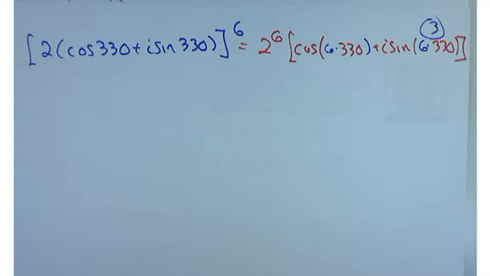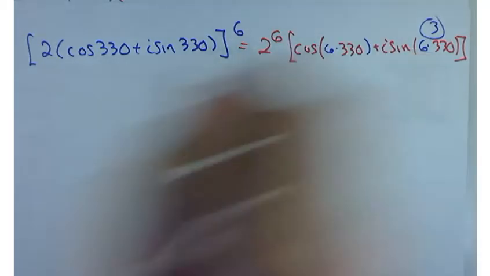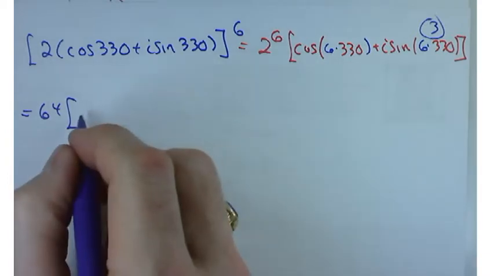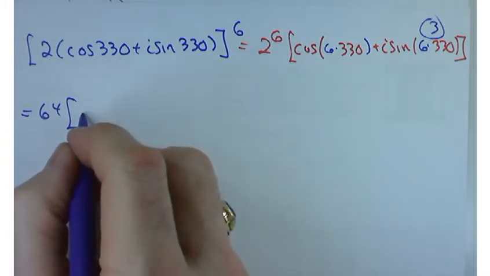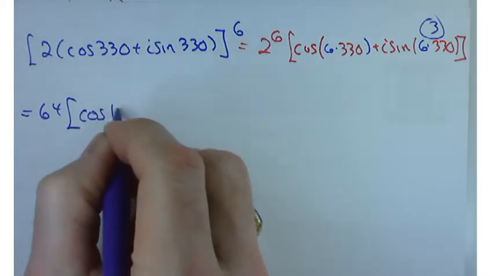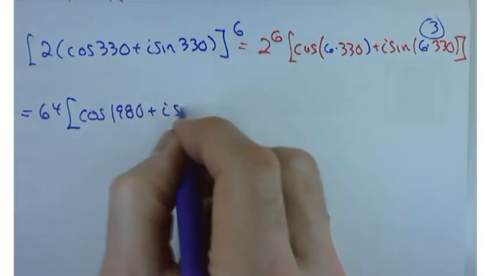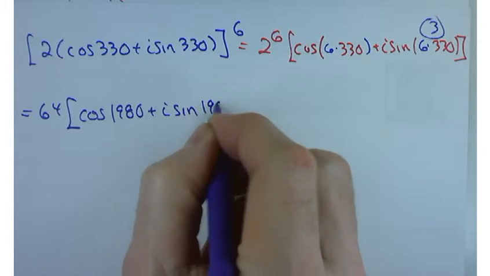Let's clean this up. 2 to the 6th power is 64, and that's going to be the cosine of 1980 plus i times the sine of, again, 1980.